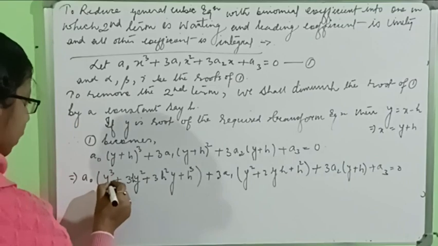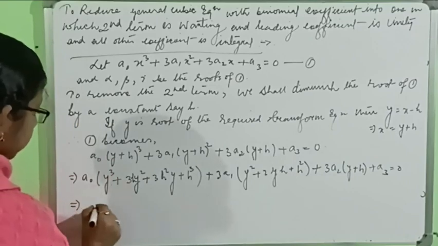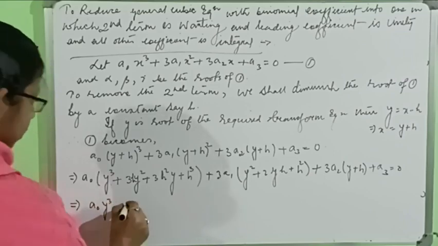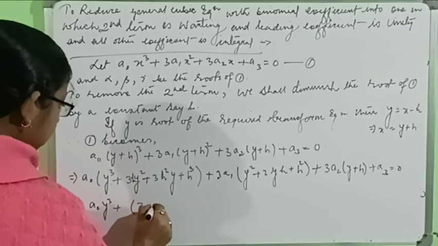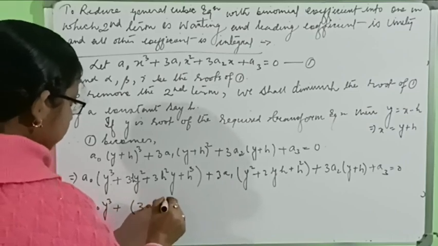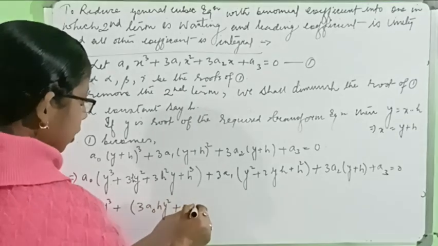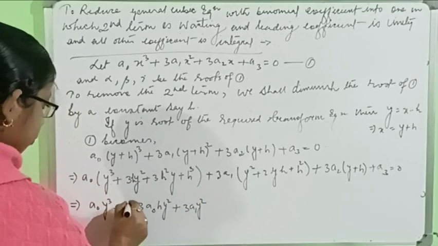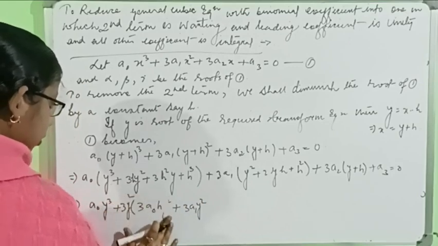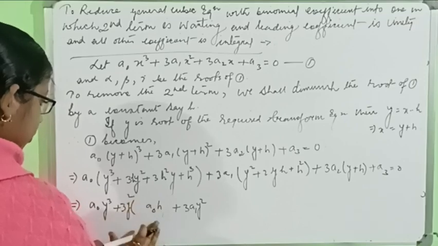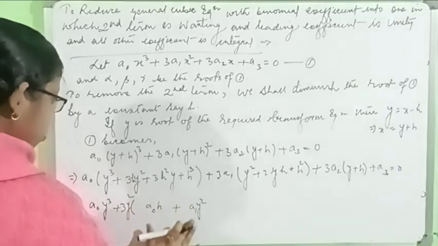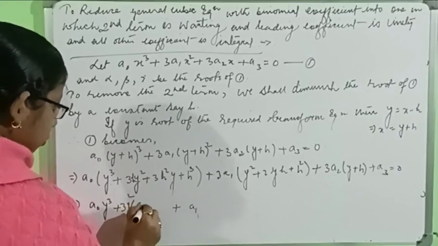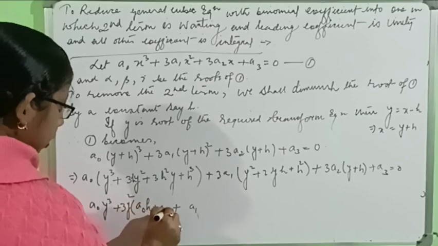There is only one y cube term, so this is a naught y cube. Next it will be 3a naught h y square, and here it is 3a1 y square, so we take 3y square common. It will be 3y square times (a naught h plus a1).